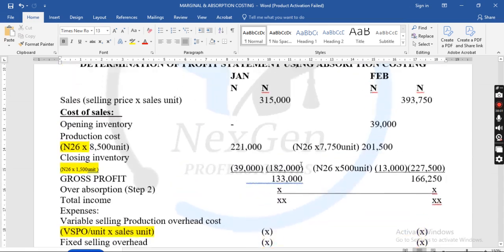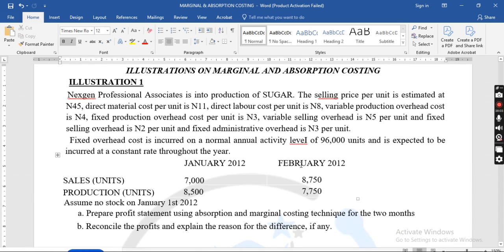Now, class, let's quickly go back. In this question, the actual fixed production overhead is not actually given.